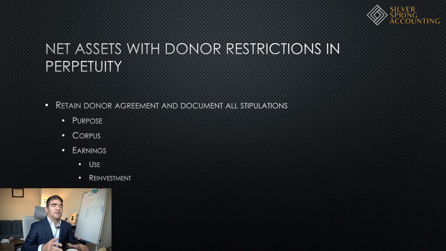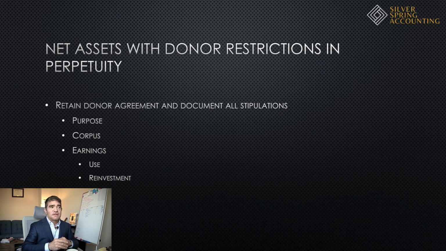Generally, these types of restrictions are going to restrict the corpus, which is the initial donation, and maybe additional donations to that corpus. That has to remain untouched and set apart, generally in an investment account or in a separate account. It needs to be tracked separately.